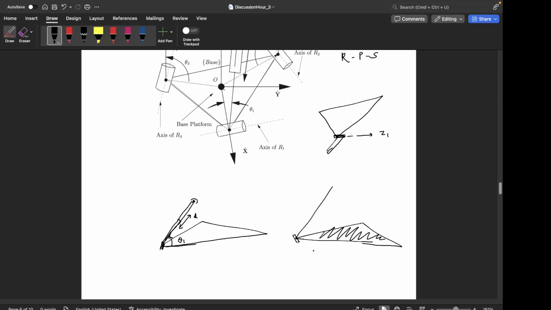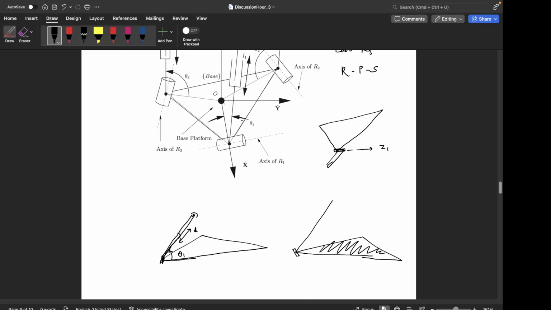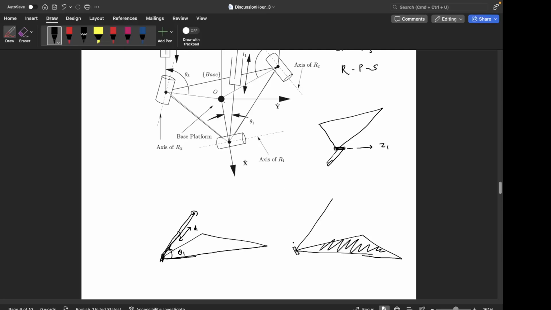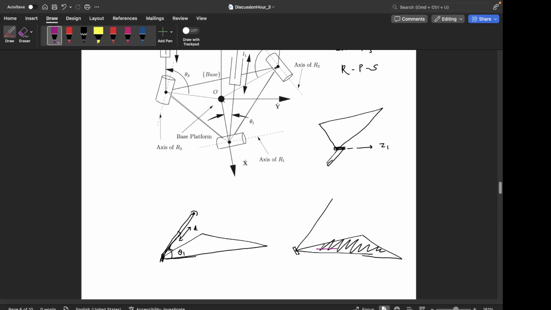Now what they have marked as theta 1 in this diagram is basically they've taken this as the x, and this is the z1.